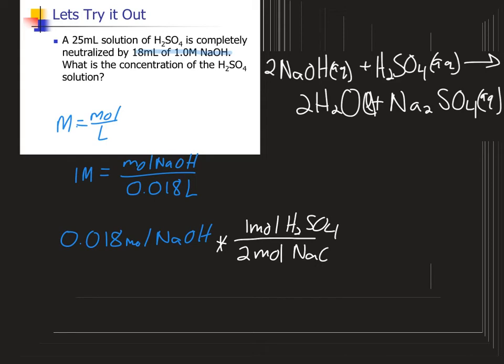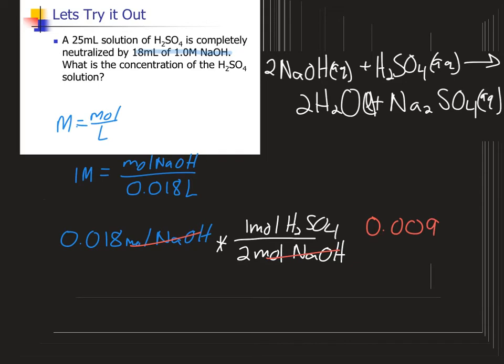The 2 again came from the balanced chemical reaction. And so I can see a couple of these things cancel each other out. Now I get a really small number, and you're like, whoa, Peterson, it's a little crazy here. It is a very small number.